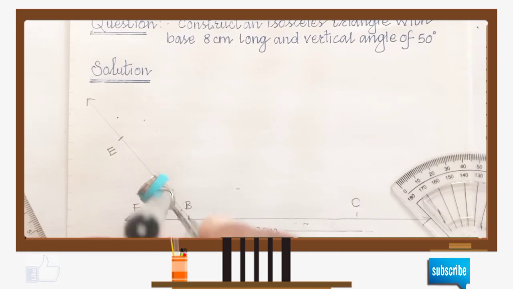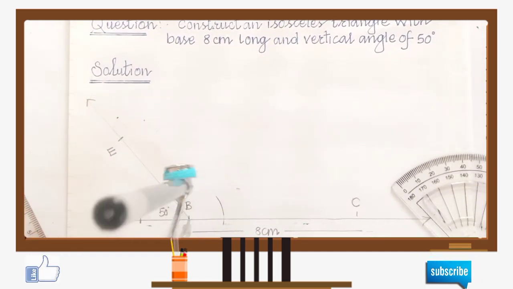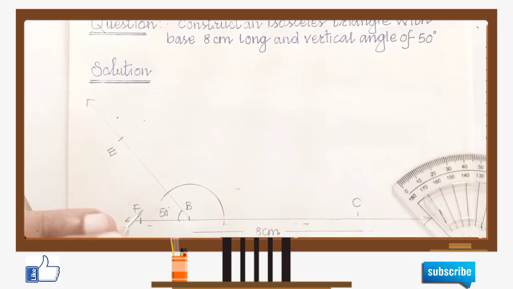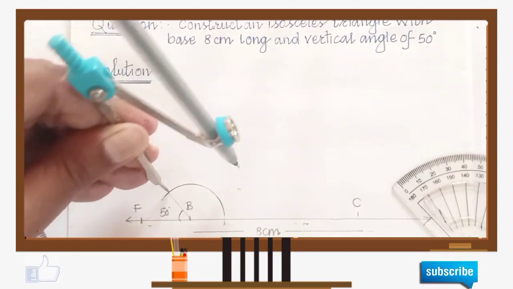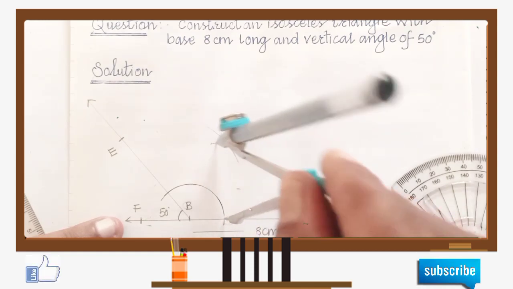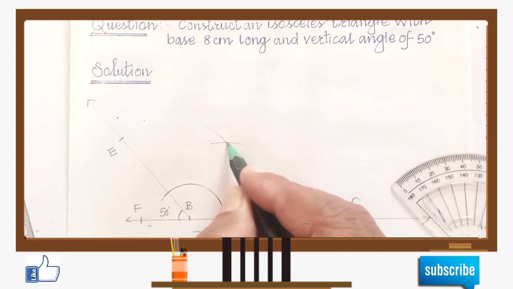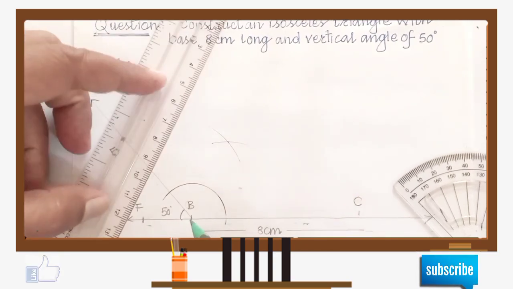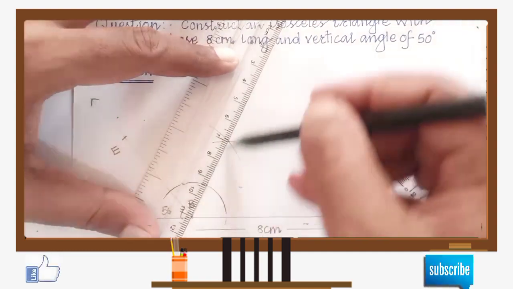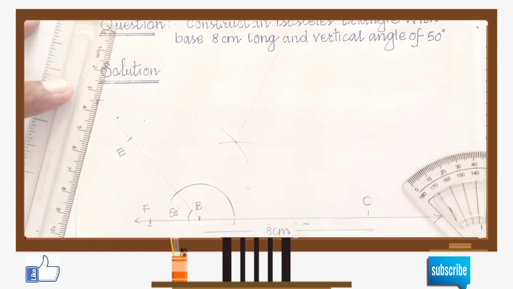Keep the needle here and draw an arc in this way. After that, you increase some distance and draw an arc here this way. Now this is the point of intersection of two arcs. So join this. In this way, we have joined this.